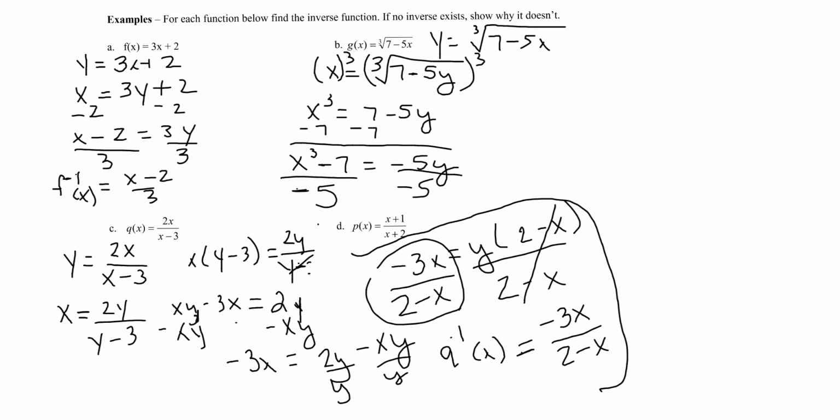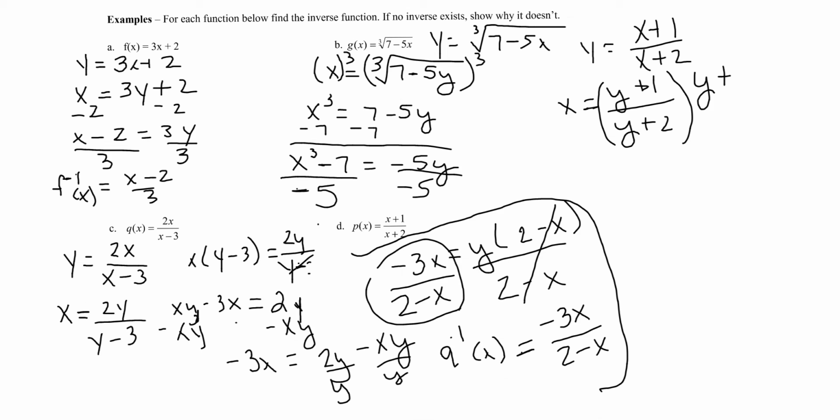Okay, so we have x plus 1 over x plus 2, so we're going to make it y equals x plus 1 over x plus 2, and then we'll do x equals y plus 1 over y plus 2. And what we want to do here is first get rid of that denominator. So let's multiply everything by our denominator so we can eliminate it.